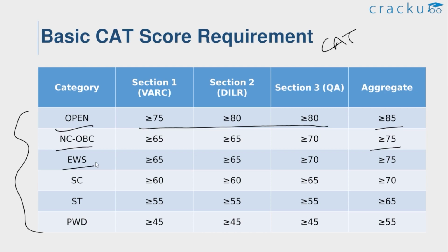For EWS category, the CAT score requirement is greater than or equal to 75. For SC category, it is greater than or equal to 70 percentile. For ST category, greater than or equal to 65 percentile. For PWD category, greater than or equal to 55 percentile. So this is about the basic CAT score requirement for IIM Calcutta.